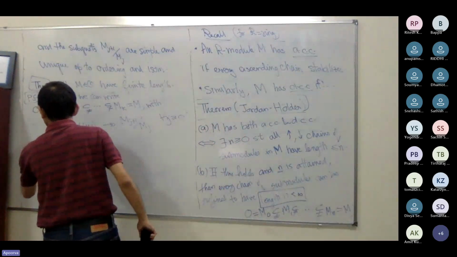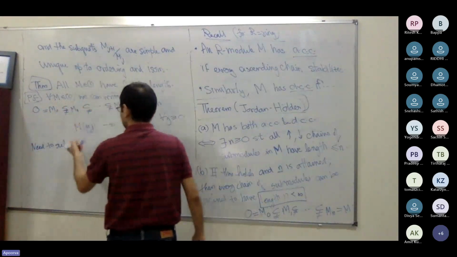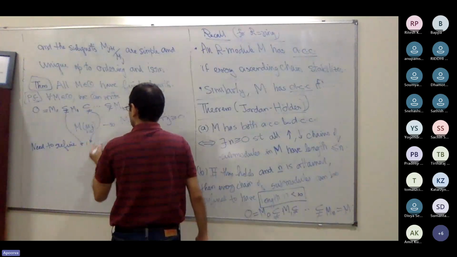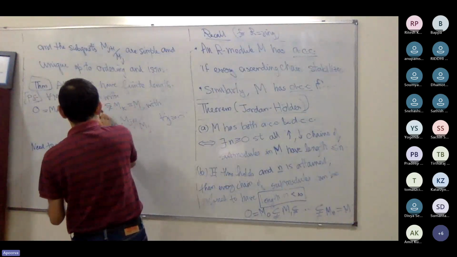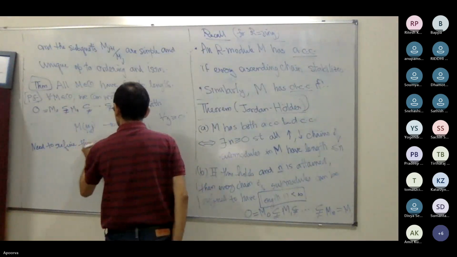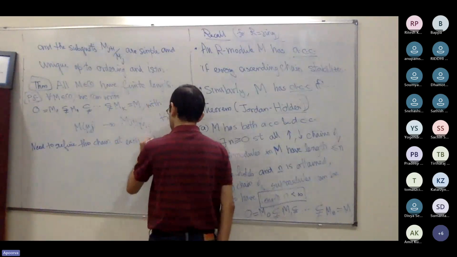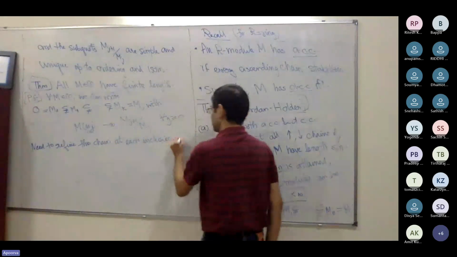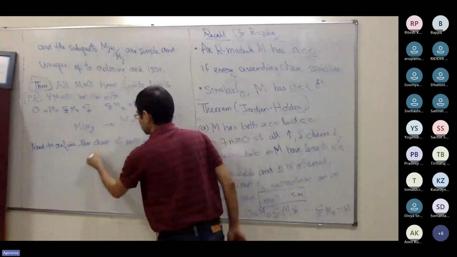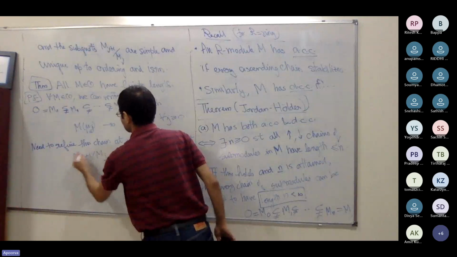So need to refine this chain at each inclusion where this subquotient m_{j+1} mod m_j is not simple.